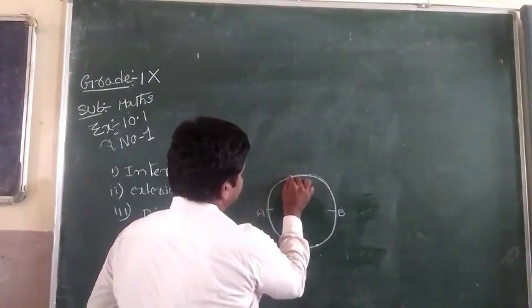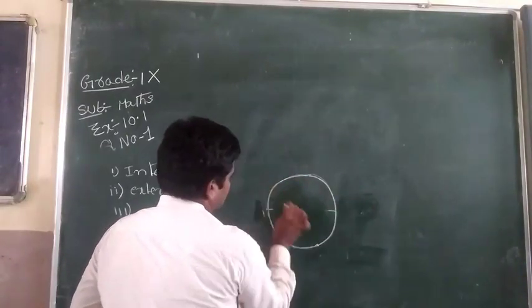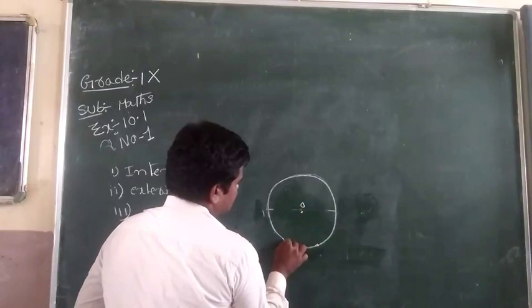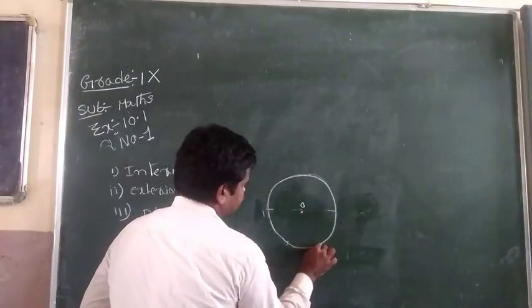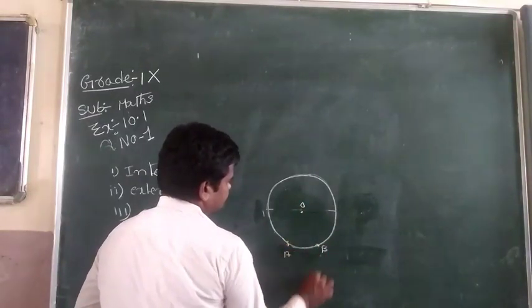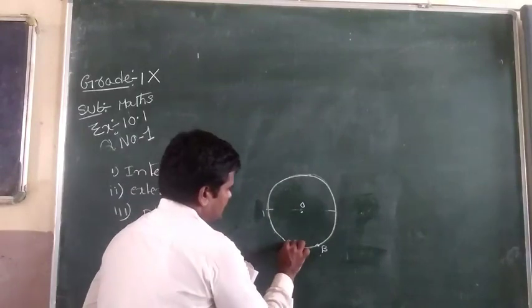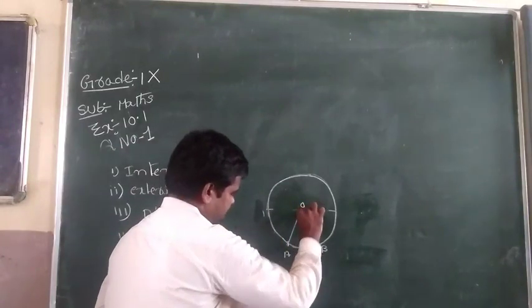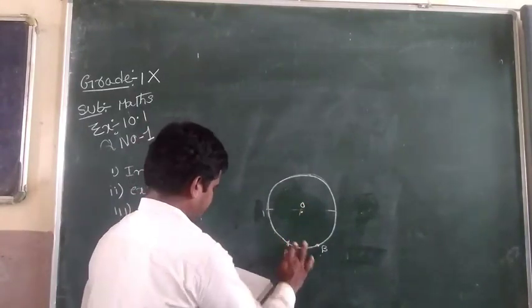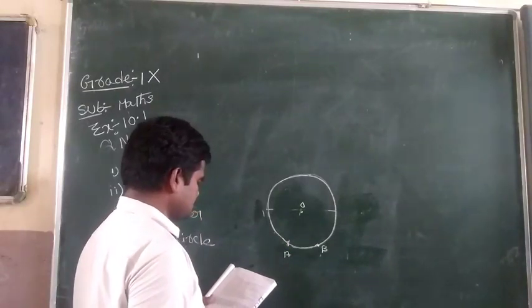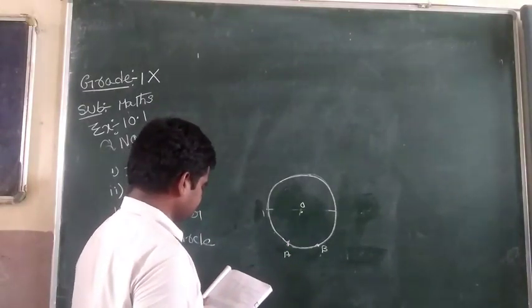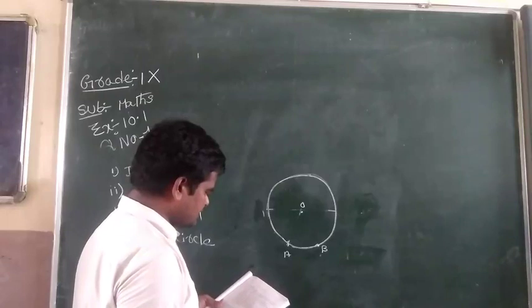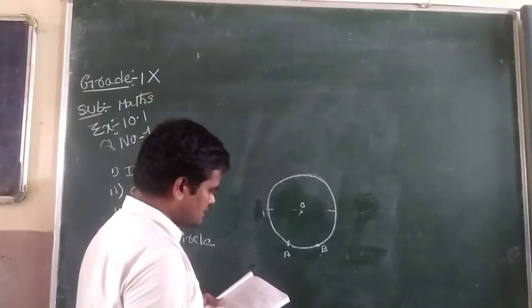Here this is the arc AB, and here the arc and the chord.